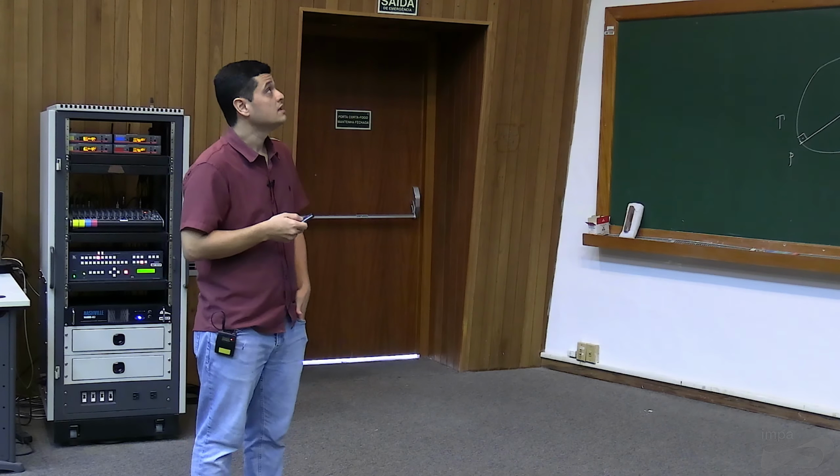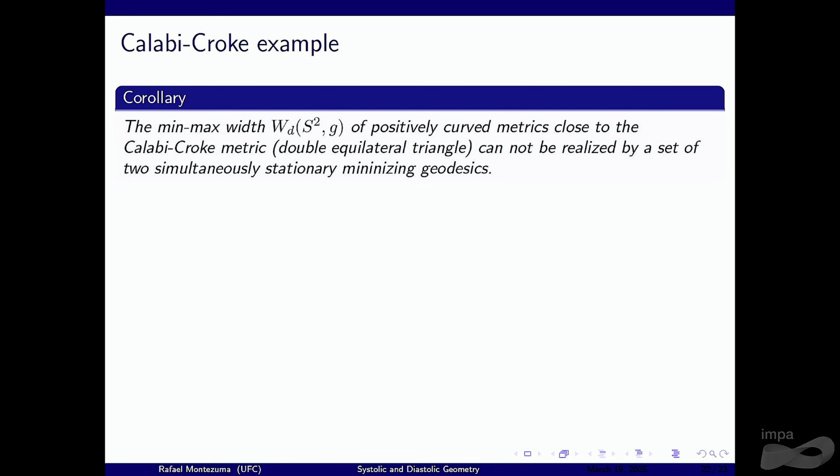That's one important step in the proof of ruling out 4 and 5 simultaneously stationary minimizing geodesics. And finally, I want to go back and mention the situation of the Calabi-Croke example. It is a metric on the 2-sphere with 3 conical singularities, but it can be approximated by positively curved metrics on S2. What you do is glue together two equilateral triangles with sides of unit length.